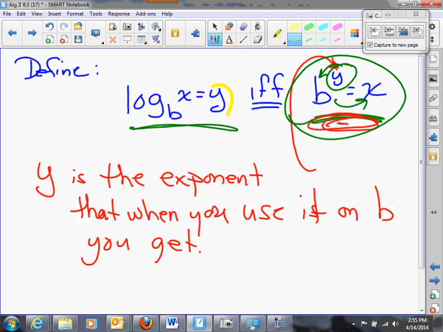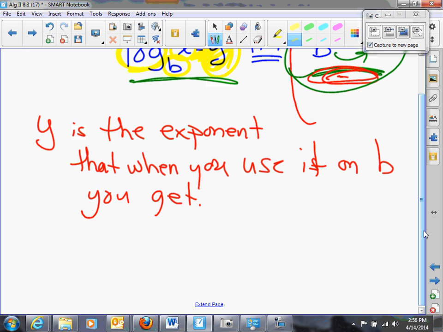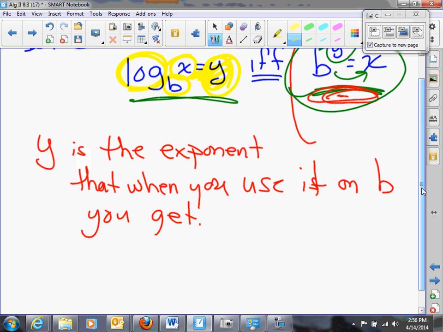So y is, now remember we said a logarithm is an exponent, the exponent on b that gives x. So from the definition, you should be able to say to yourself, in other words, if you have log base b of x, you could say the exponent, that's what a log is, of b that gives x.